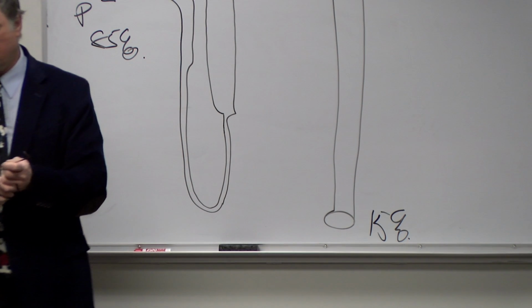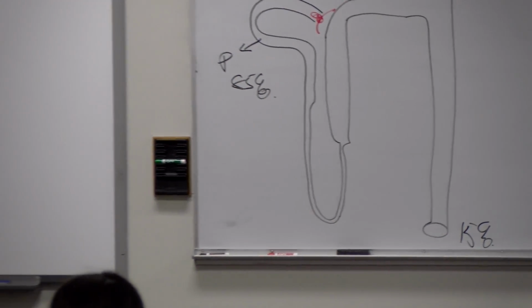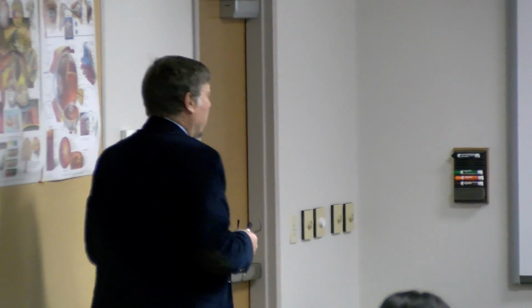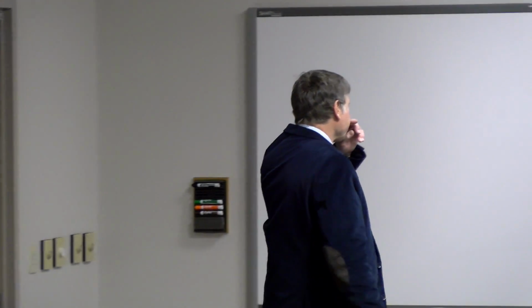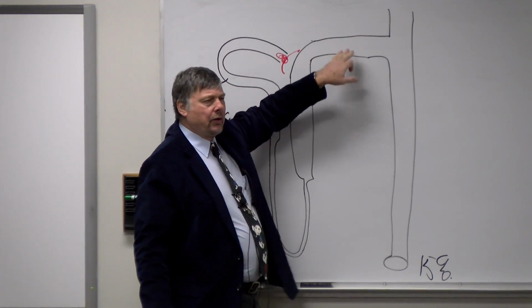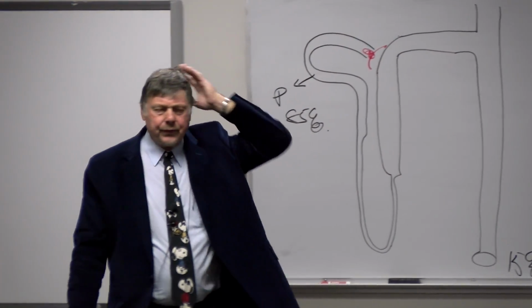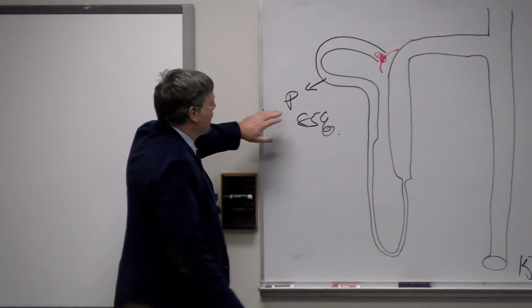Remember that I told you that we tend to have a lot of phosphate, and so one of the issues is that we have to get rid of it. So in general, 15% of the phosphate that's delivered to the glomerulus is excreted, plus or minus depending on diet. Some textbooks say that there may be some phosphate reabsorption in the distal nephron, but that's not been well characterized. So let's just keep it simple.